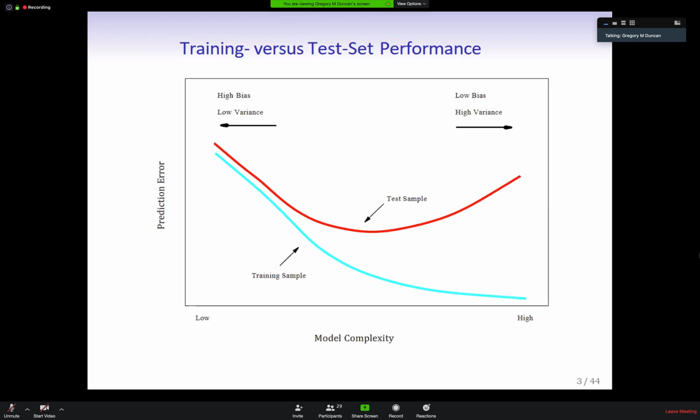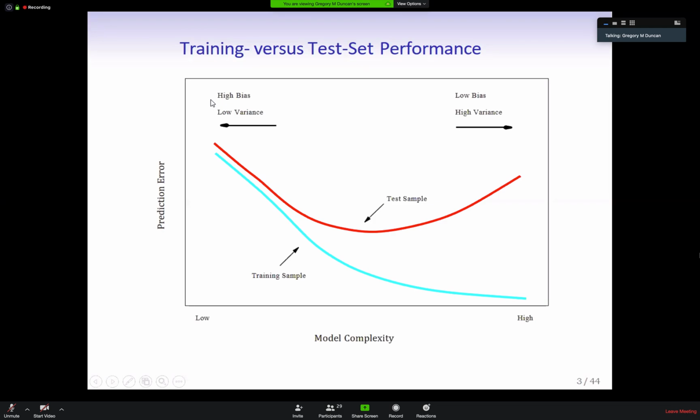Remember the training versus test set performance, okay? We have the model complexity down here. That might be the number of variables we have. If we have something approximated by a polynomial, it might be the degree of the polynomial. When we do random forests, it's going to be how deep things are and some other issues.